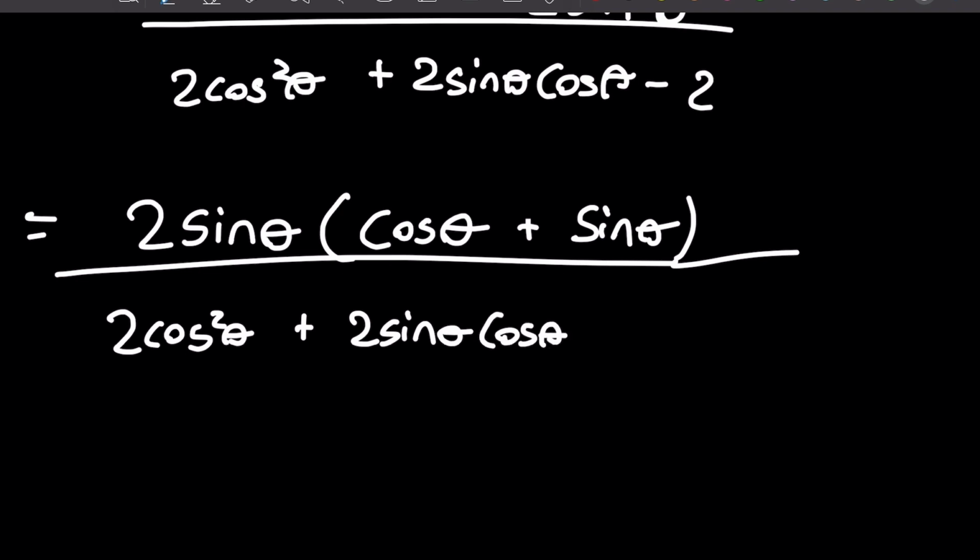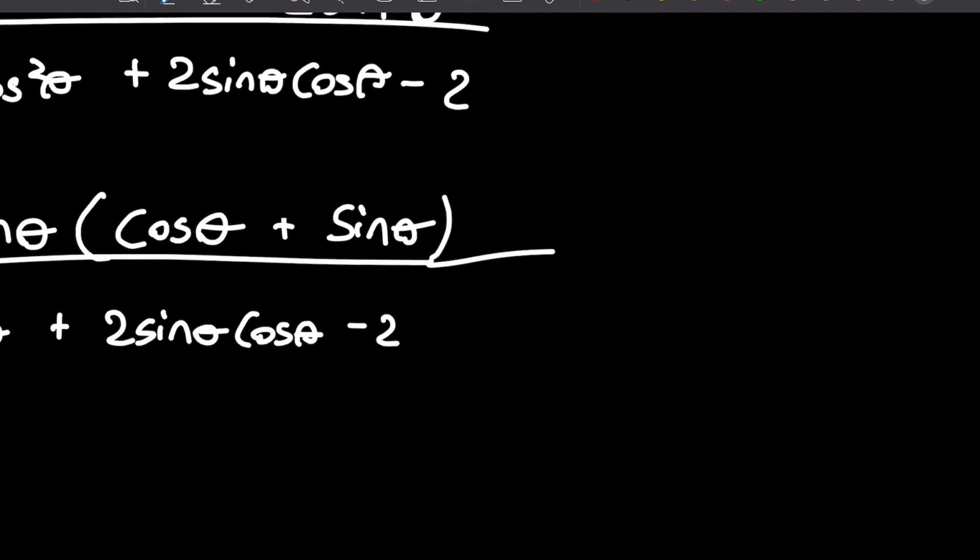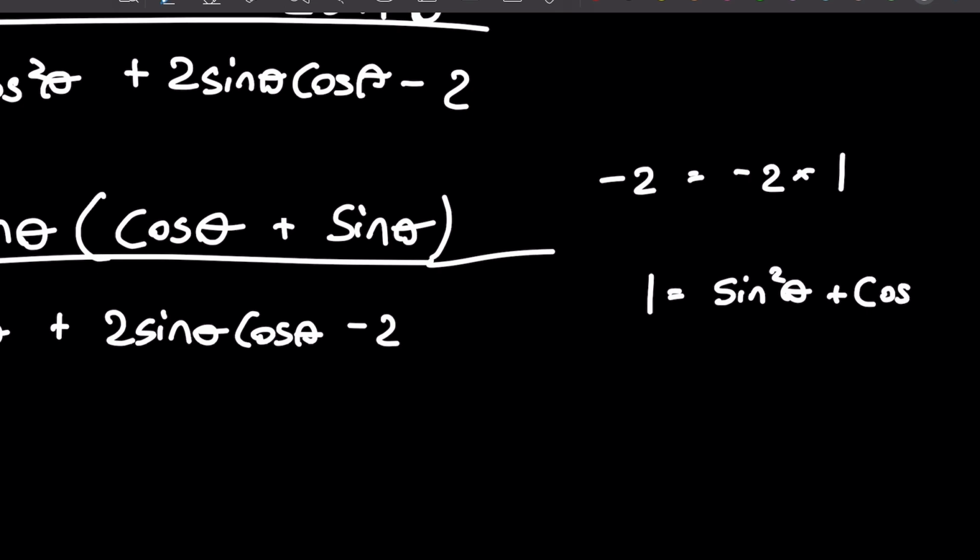But minus 2 is equal to minus 2 times 1. And what in trigonometry do you know is equal to 1? Well, 1 is equal to sine squared theta plus cos squared theta. So we could just say this is minus 2 times sine squared theta plus cos squared theta.